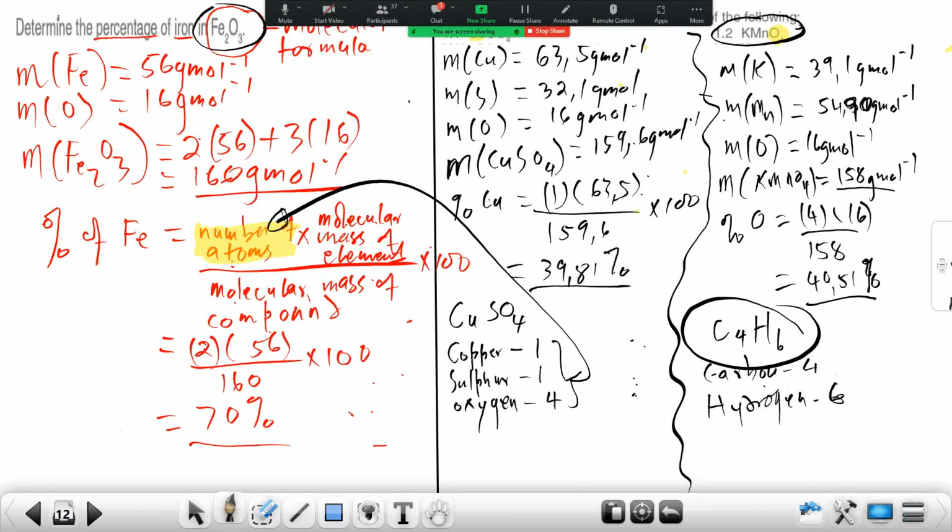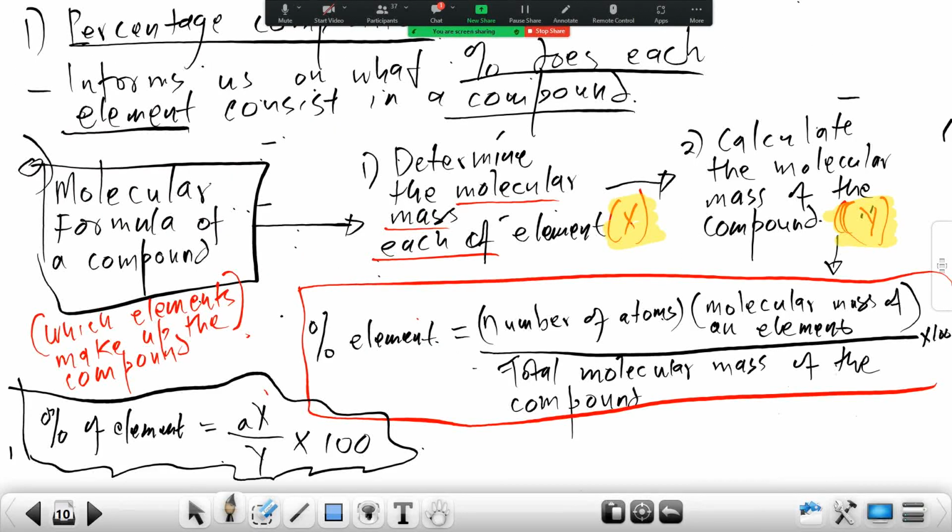So once they now make it a unit for us to calculate the number of atoms in copper sulfate, it takes us back to the things we did last week on how to calculate the number of atoms using the Avogadro number. But for percentage composition, we are interested in how each element, what is it percent inside the copper sulfate.